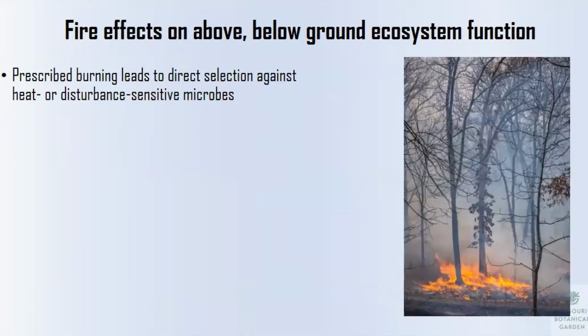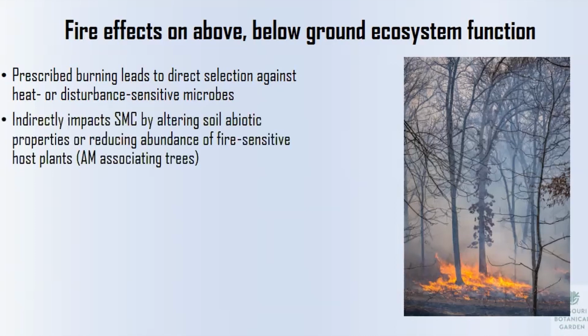And of course, fire has major impacts both directly and indirectly on the soil microbial community. Prescribed burns lead to direct selection against heat-sensitive microbes. So almost immediately as a burn goes through, those heat-sensitive microbes are going to be diminished in the habitat. Indirectly, fire alters soil abiotic properties.